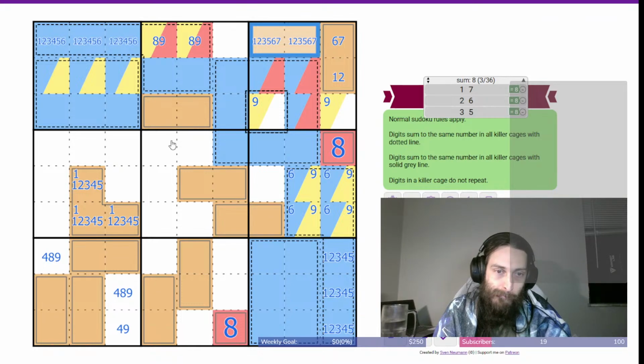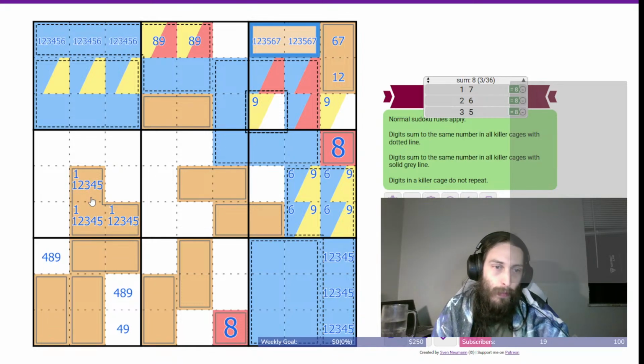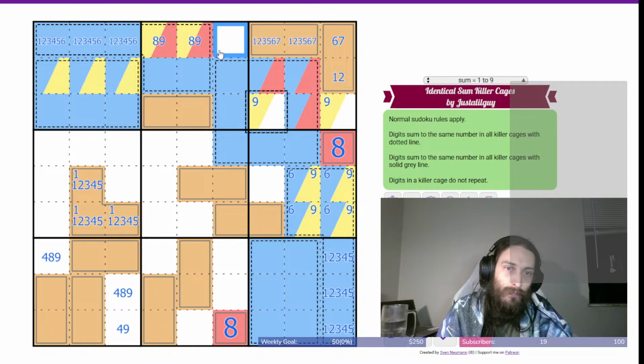1, 3, 5 makes that 2, 6, and 1, 7, making the odd one out a 4 again. 2, 3, 4 makes that 1, 7, 6, 2.